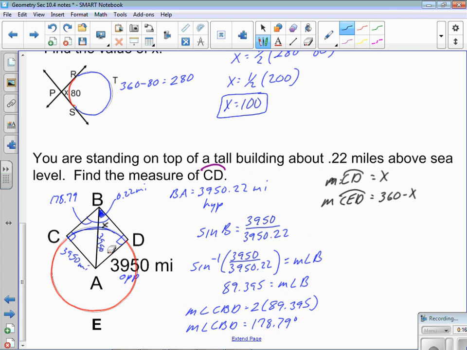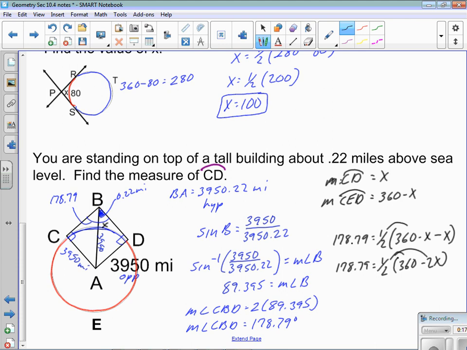So 178.79 is going to equal 1/2 of the difference between 360 minus X and X. So 178.79 is going to equal half of 360 minus 2x.